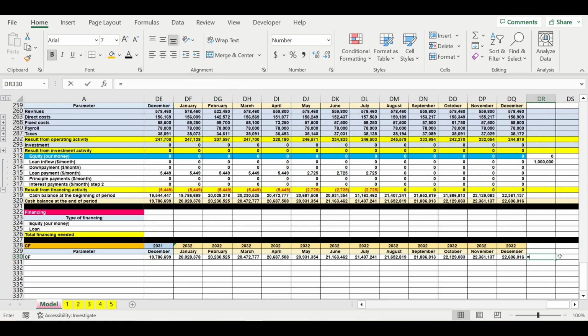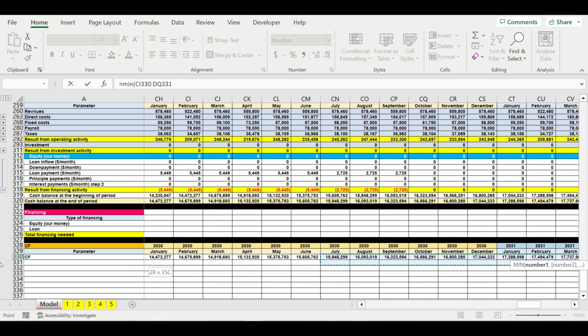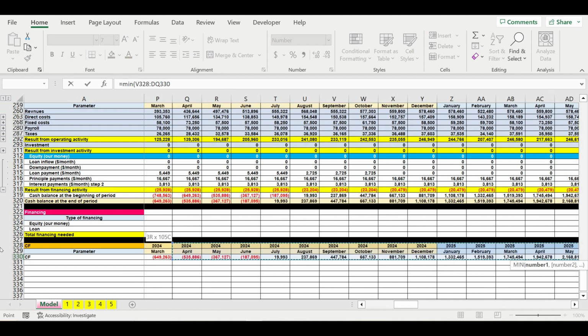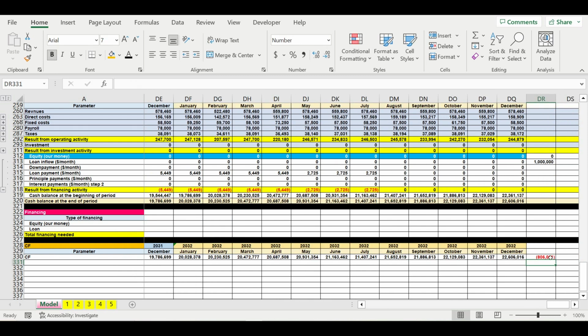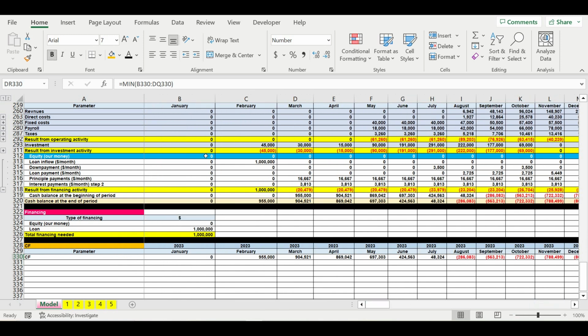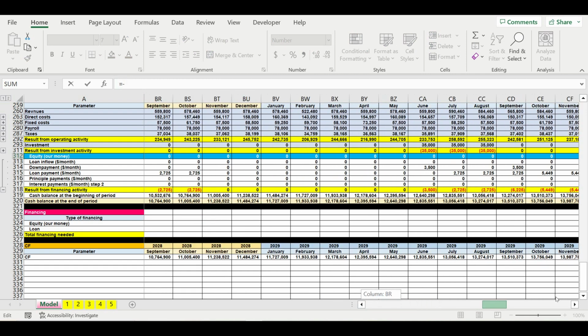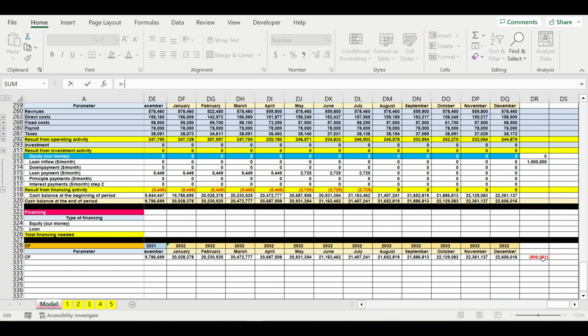And here I will use minimum function. So now I know minimum value in this line, and what I will do now, I can go here, for example, press equals, add minus sign, and here then I will link this minus sign to this cell, and then magic will happen.